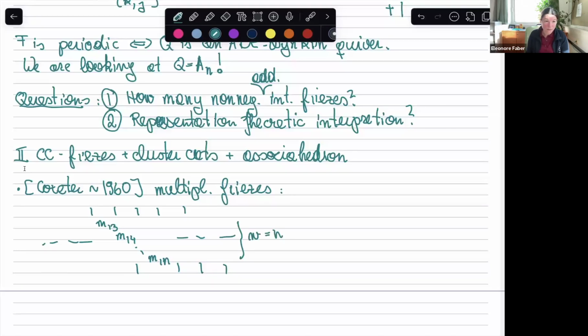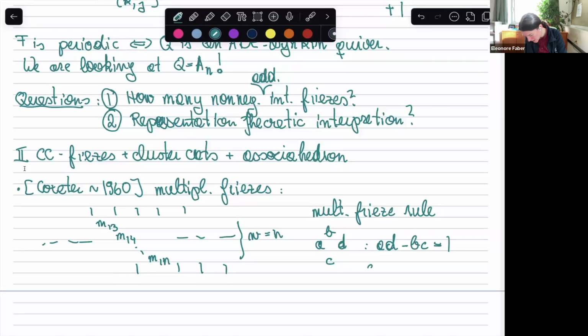Coxeter was interested in friezes that satisfy the multiplicative frieze rule: for each diamond A, D, B, C, you have AD minus BC equal to 1, and M_ij is a positive integer. Now we are not allowing 0, but only positive integers.